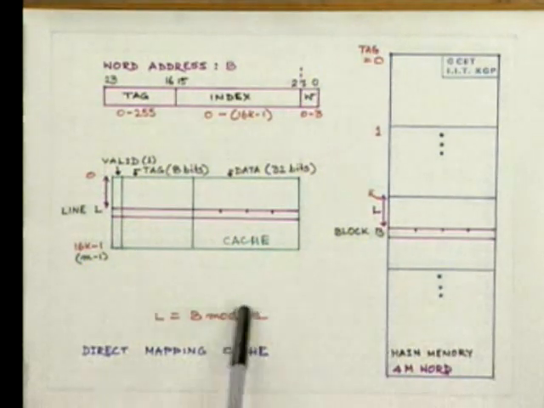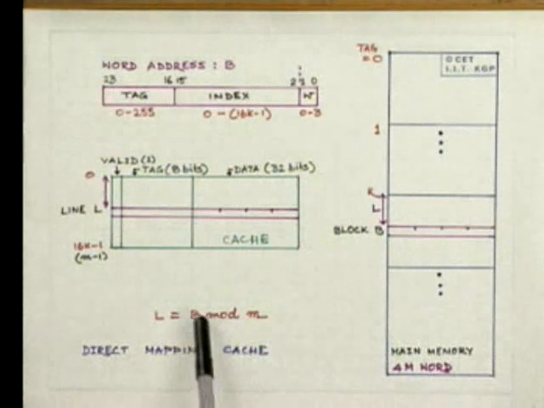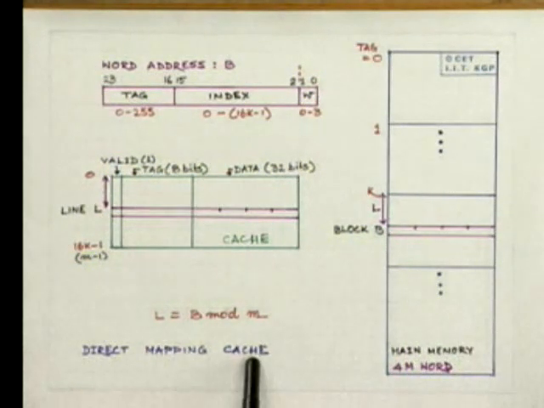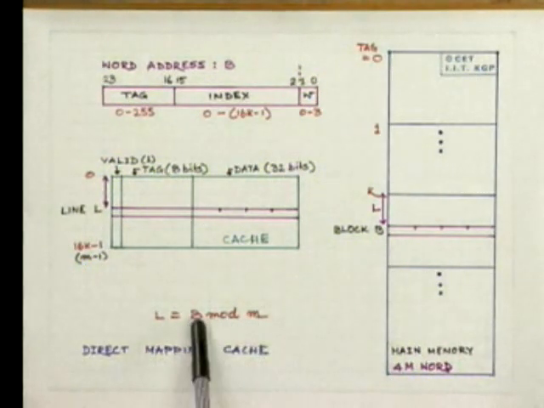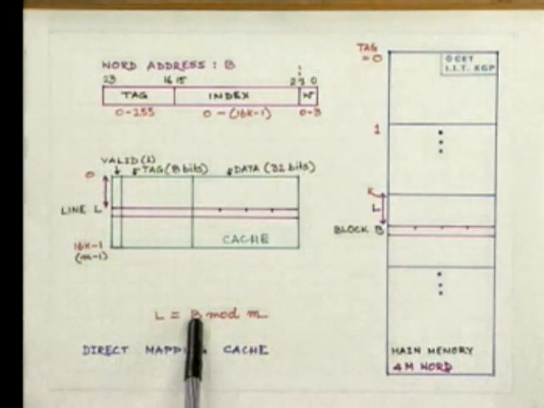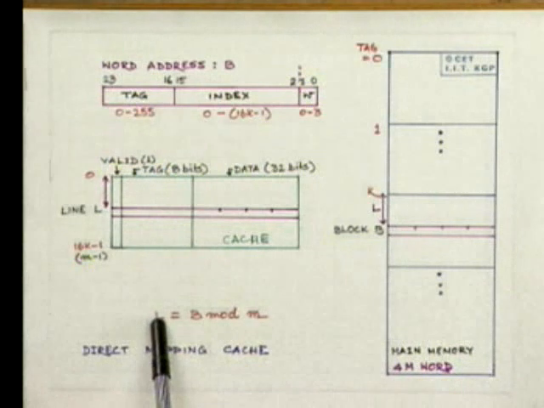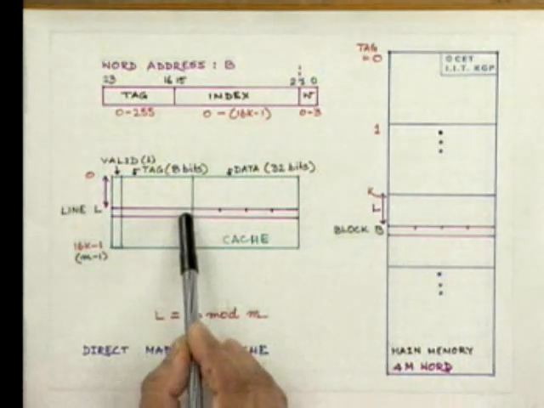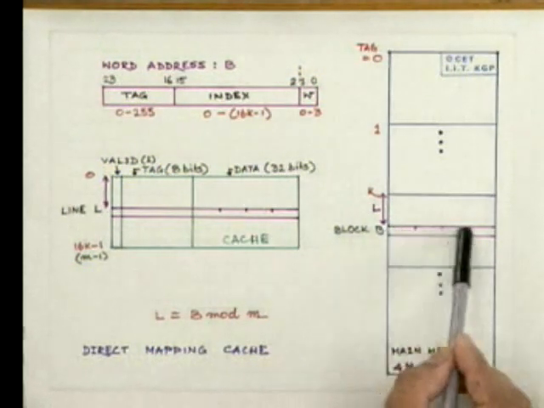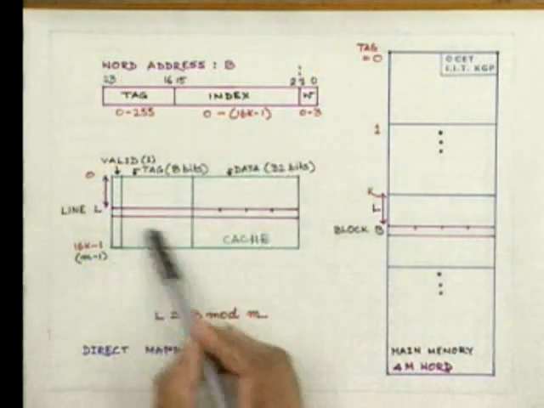M is the cache size, B is the word address, and the address L we get is where that particular block will be mapped into the cache.